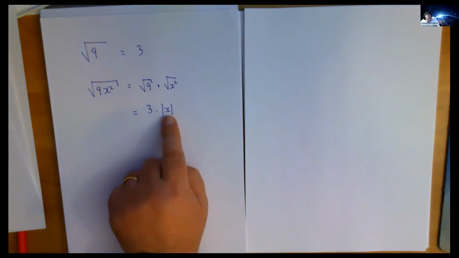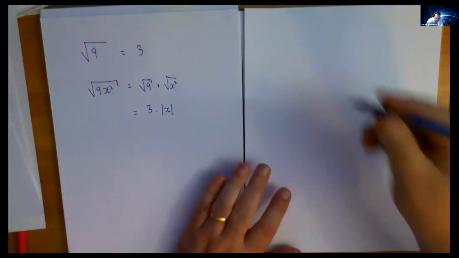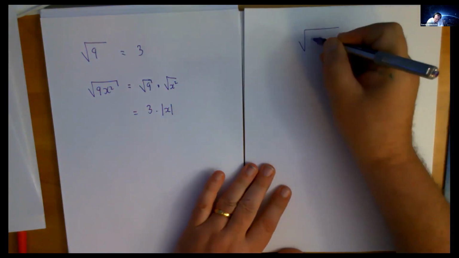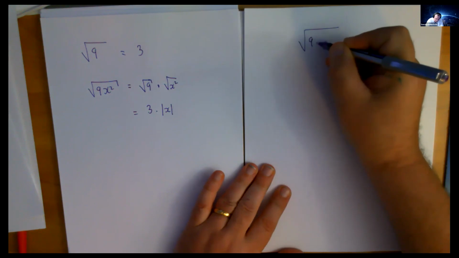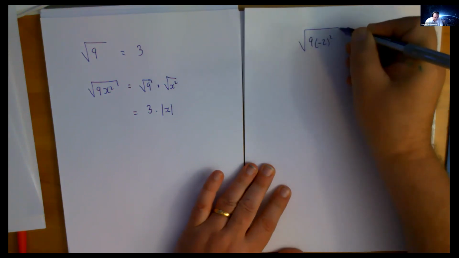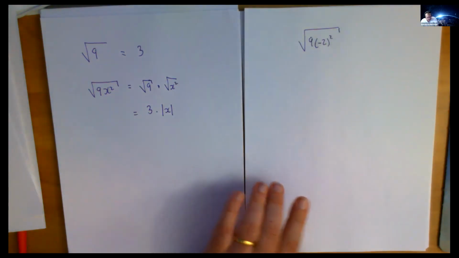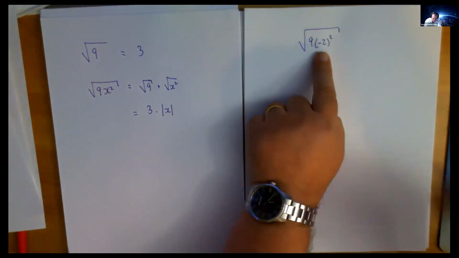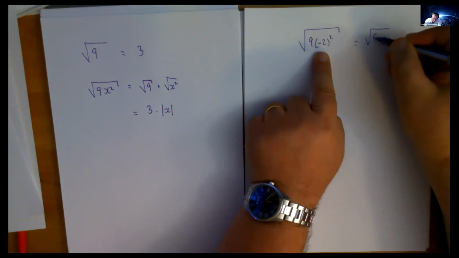If you didn't have this absolute value around it, you could, in certain circumstances, falsely think that the answer was just x. And I know it's been a bit fussy, but can you imagine that instead of x squared, it was 9 times negative 2 squared? Don't get worried about that negative, because isn't that the same thing as 9 times 4?